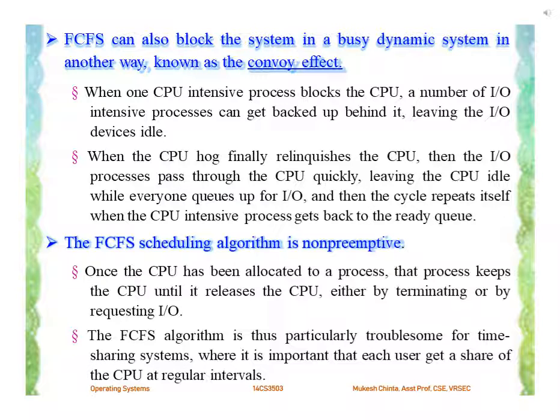Next, FCFS can also block the system in a busy dynamic system in another way, known as the convoy effect. When one CPU-intensive process blocks the CPU, a number of input-output intensive processes can get backed up behind it, leaving the input-output devices idle.